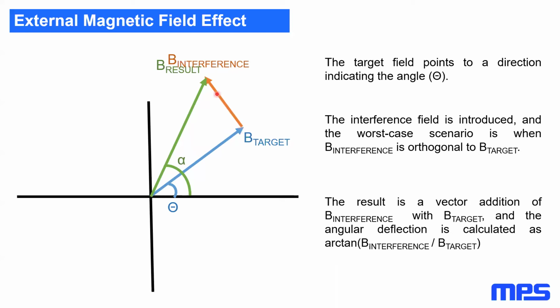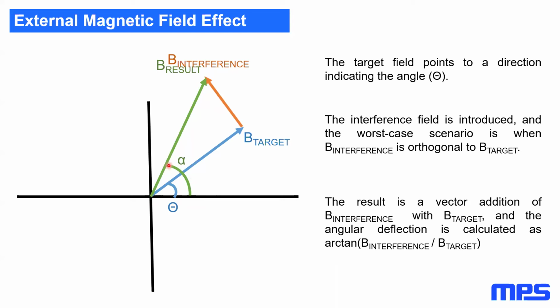our interference field is going to result in a resultant field, the field that the sensor actually sees. Again, we don't care about the amplitude, but we do care about the angle. So now the angle that I wanted, my target field, was showing me angle theta, but my target plus interference field is showing me angle alpha.